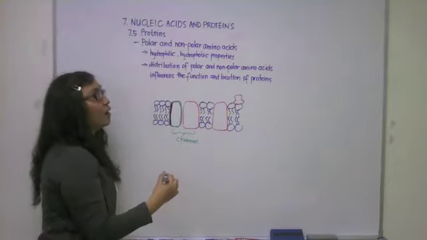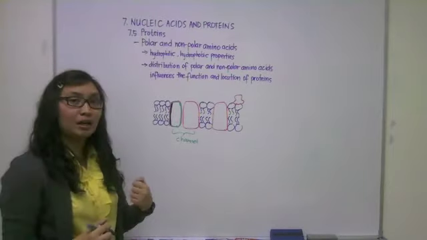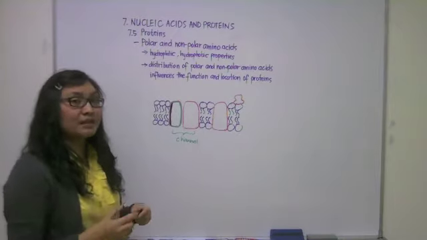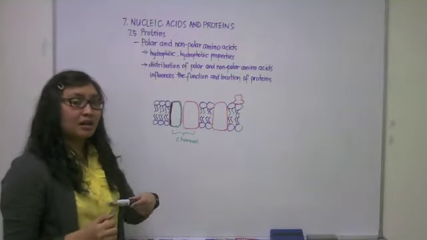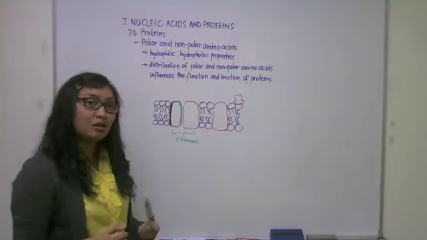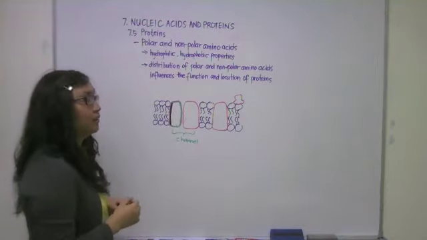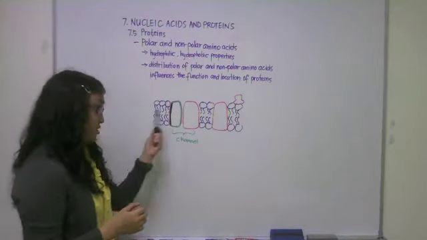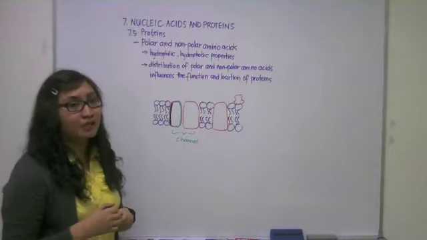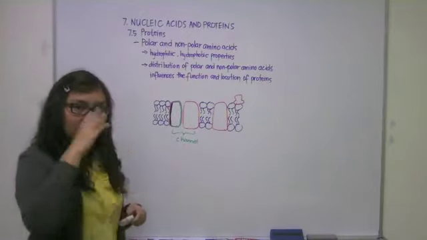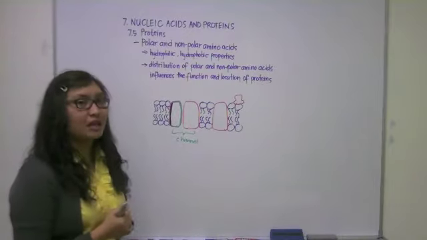So the arrangement of polar and nonpolar amino acids dictates the function and the location of the proteins within the plasma membrane, and also the different functions of proteins in the body.